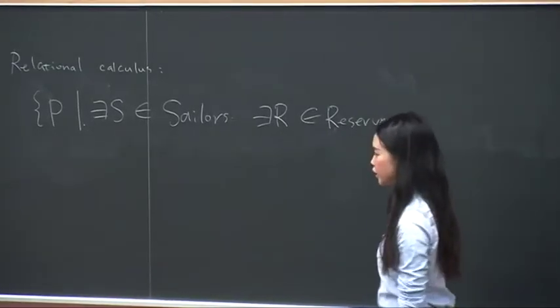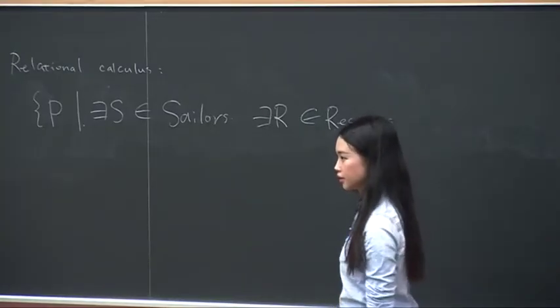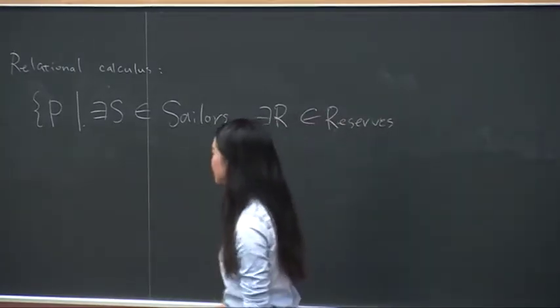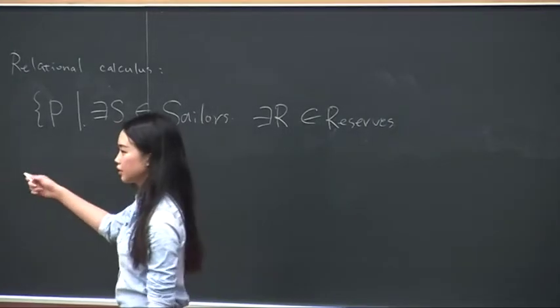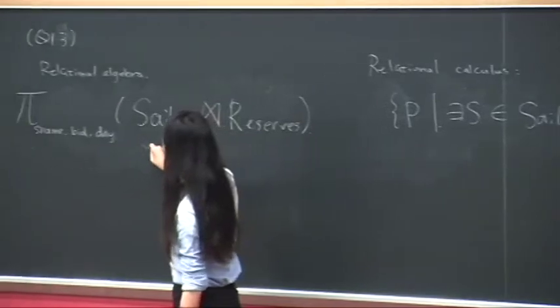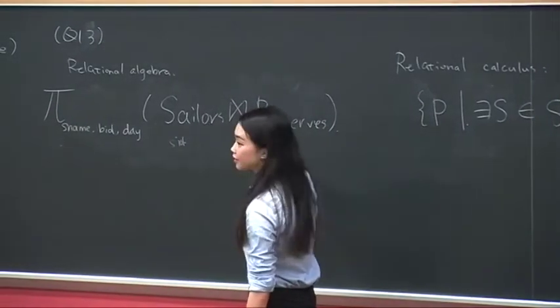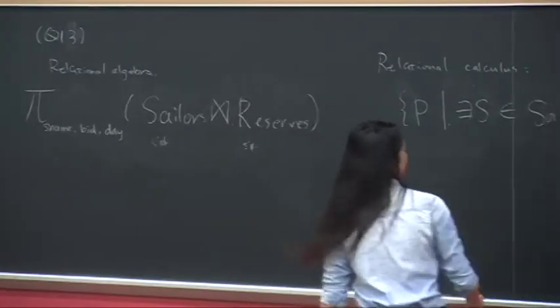Do we have any selection in the algebra? Because there is no selection or whatsoever, we just have to make sure the SID here is equal to the SID here. Correct? Okay.